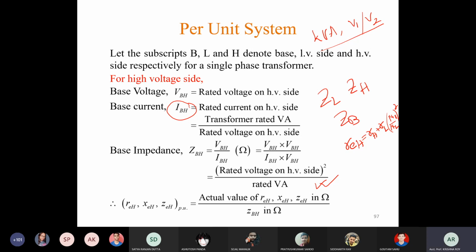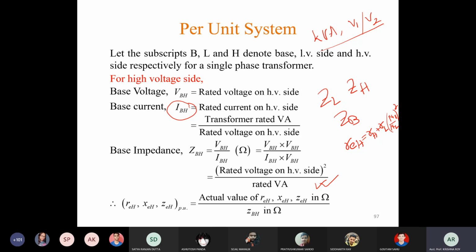Right? Similarly, we can write a similar expression for XEH, that is XEH is equal to XH plus XL into (NH by NL) whole square, and the same expression for ZEH also.